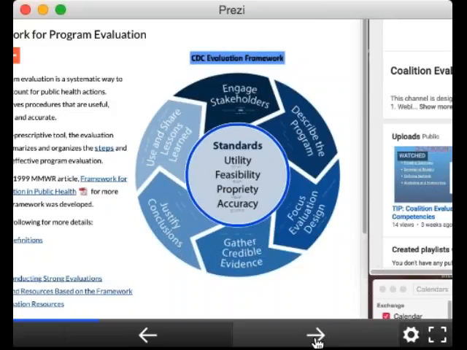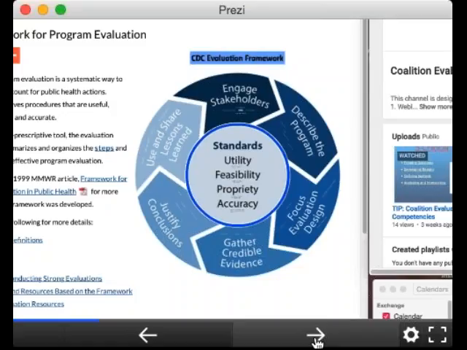And so we don't want to confuse the actual process of conducting the program with the process of conducting the evaluation. So while it is true you have to engage stakeholders, for example, to increase your capacity in order to move through the strategic prevention framework, within this context, we're going to talk about engaging stakeholders just for the purposes of the evaluation. So certainly some of those stakeholders will overlap in both processes, but there also might be folks that are a little bit different in this one.